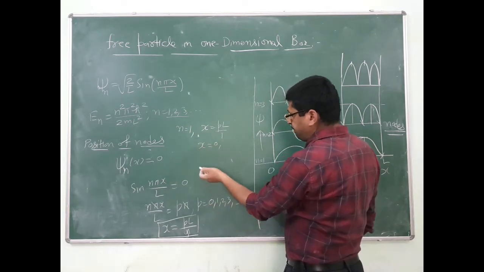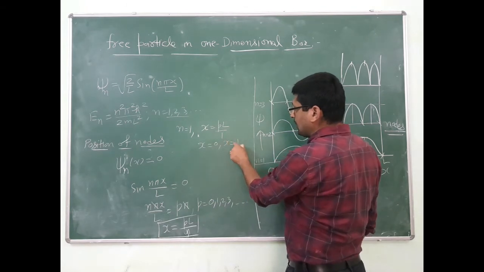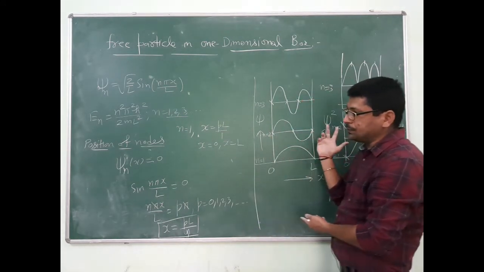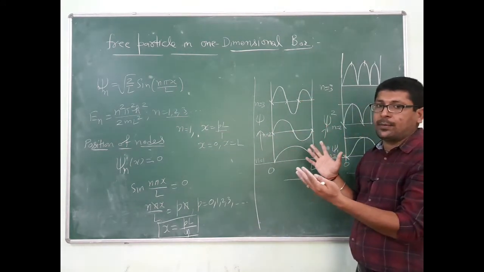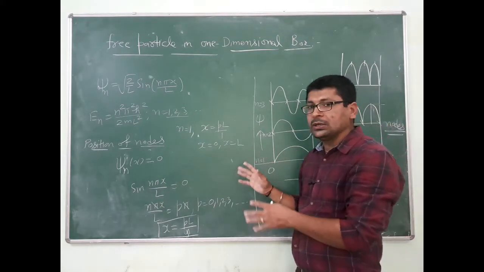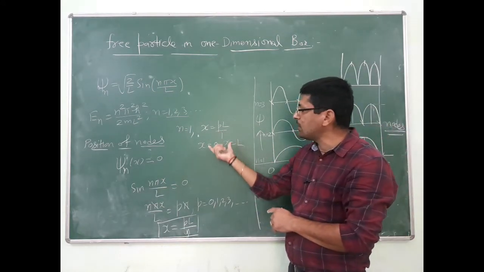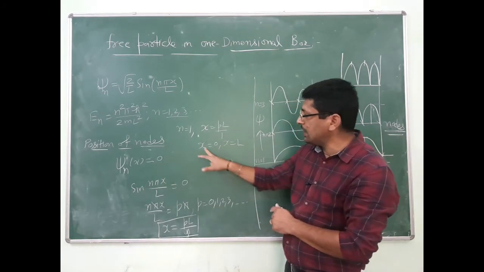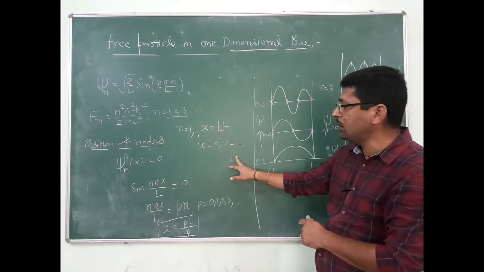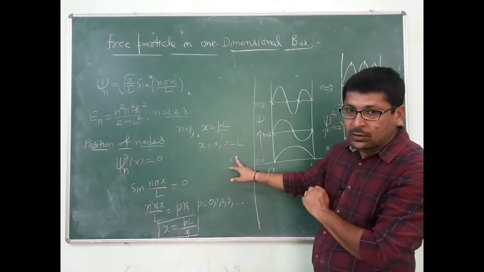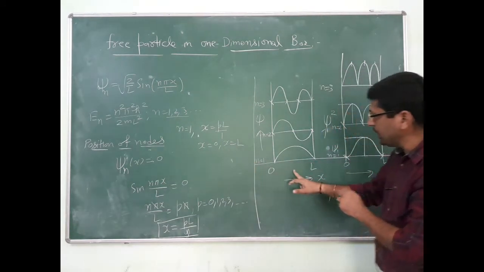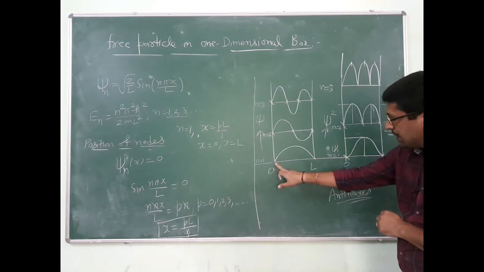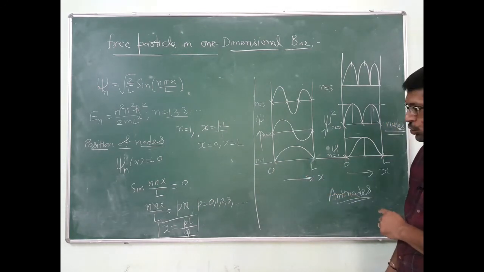If p is 1, then x is equal to L. If p is 2, that means x is equal to 2L, but 2L means we are outside the box, our dimension of the box is 0 to L. So only those values of p which give x between 0 and L we need to consider. So for n is equal to 1, there are 2 points at which the wave function will become 0, and these points are known as position of nodes. This we already saw in this graph: between 0 and L, at these 2 points only this wave function will become 0.